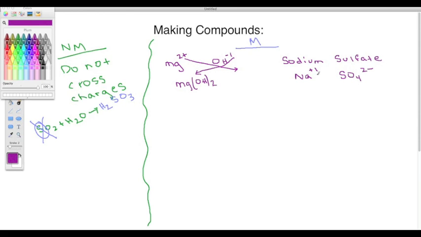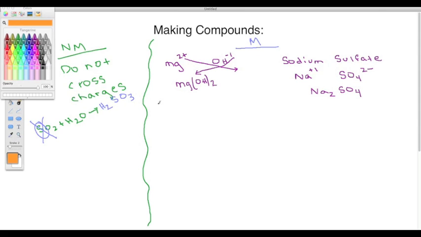So I need to cross my charges. So hopefully soon, guys, you don't have to actually cross your charges. As soon as you see sodium, you can say, okay, +1, sulfate -2, cross my charges in my head. So therefore, it's going to be Na2SO4.